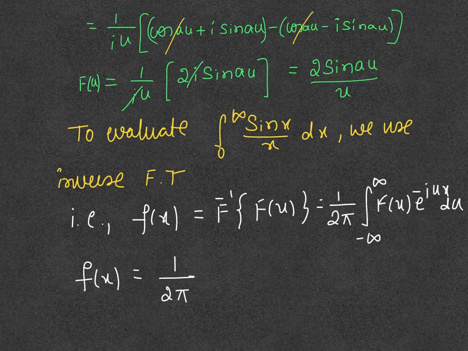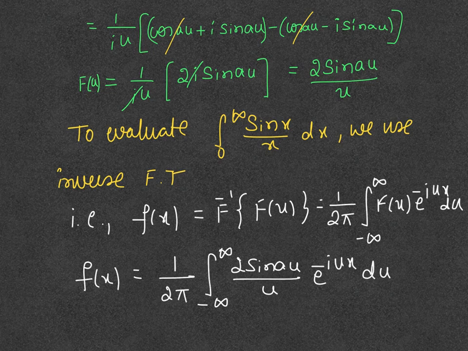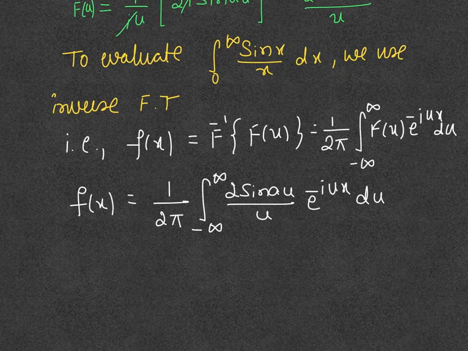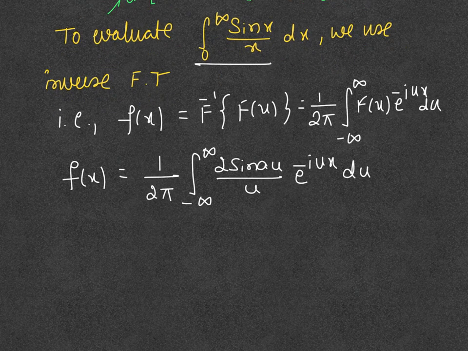We have to just simplify under the integration part. So where f of u is what? 2 sin au divided by u, and we keep e power minus iux du. Because we want the integral form of the result only, we keep the integration as it is.